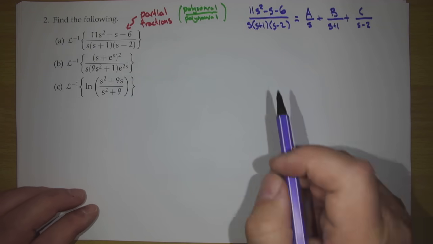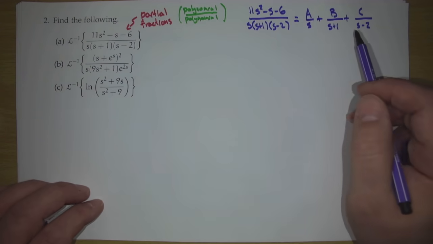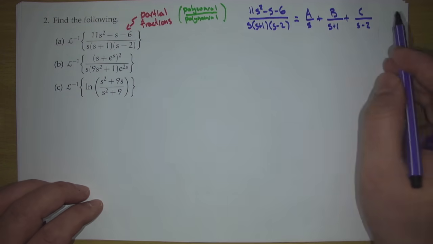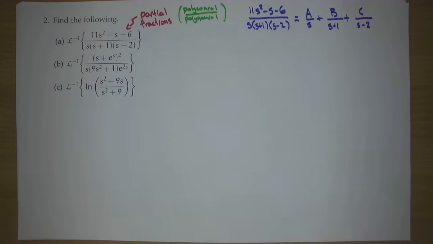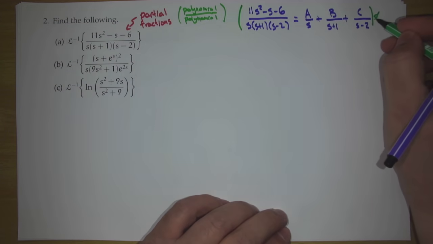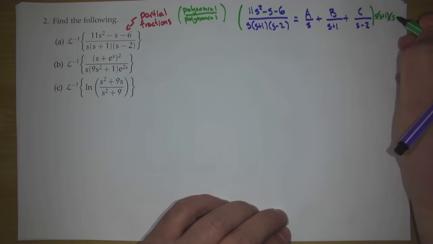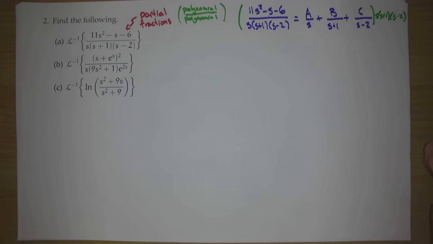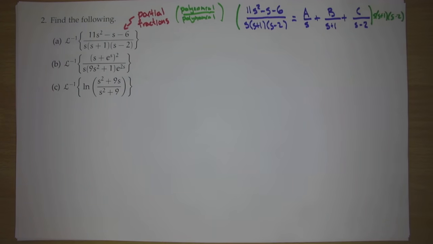Okay, so once you have the form, everything else works pretty quickly. Clear out your denominators, and by that we mean multiply both sides so that what's left has no fractions. We've struggled with fractions in the past, so we're like, okay, we're not going to go that way again.